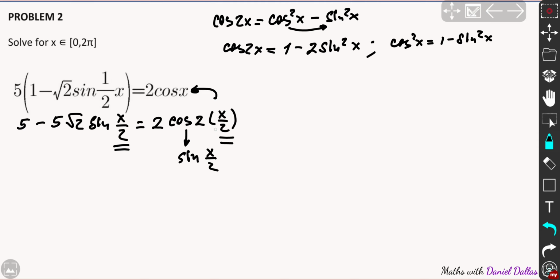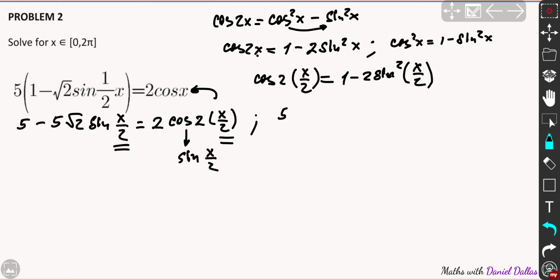However, I would like to apply this formula to my particular function, which is cos 2 times x over 2. I simply switch x into x over 2, and I will have the same structure. So sine squared of x over 2, and that's how we can get the exchange.